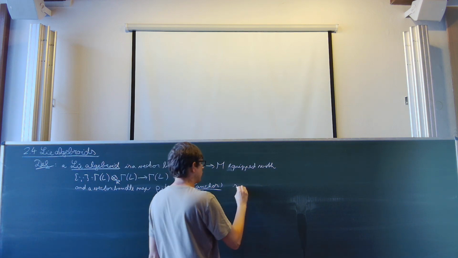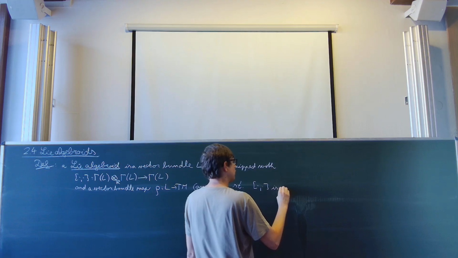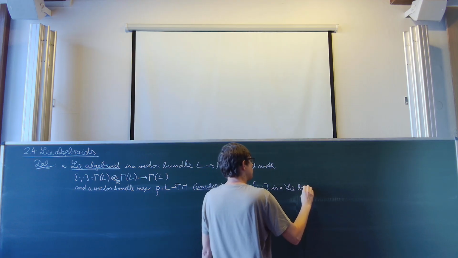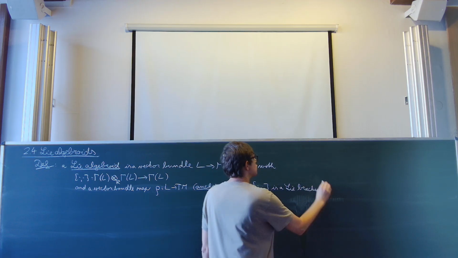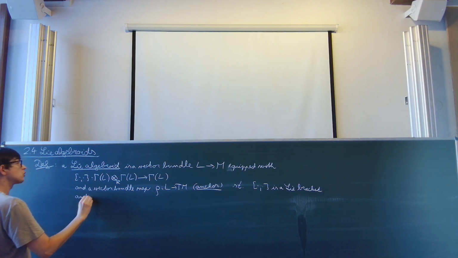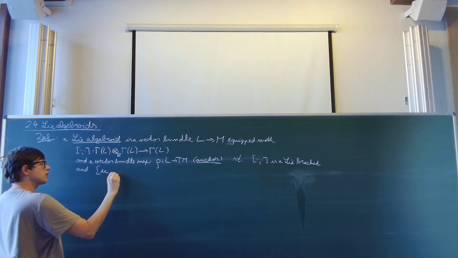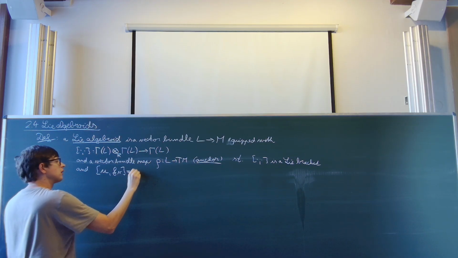And now the conditions are easier than for Courant, so you just want this thing to be a Lie bracket. So it satisfies Jacobi as before, but you also want it to be anti-symmetric. And then you also want the same property as you had for Courant, when you have two sections and you multiply one of them by a function.